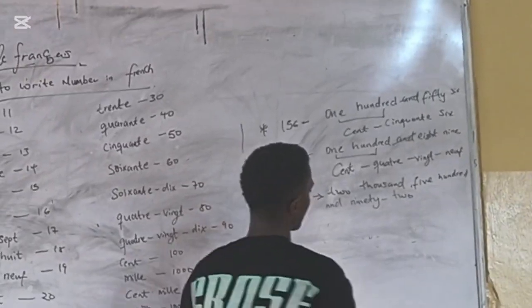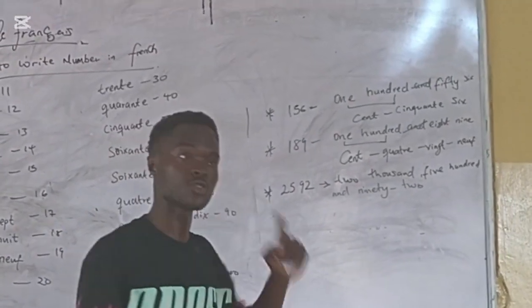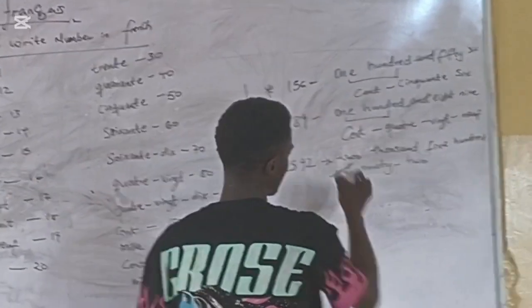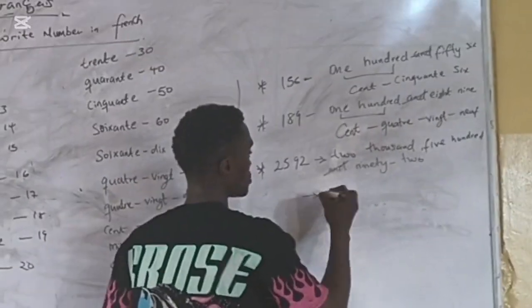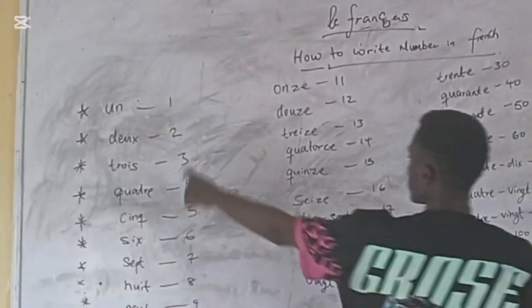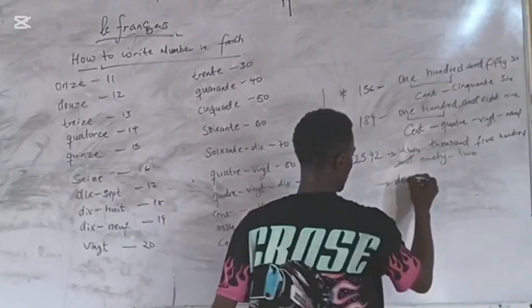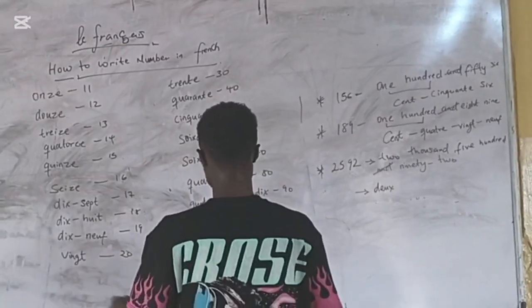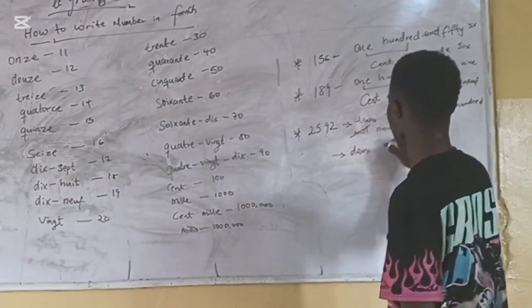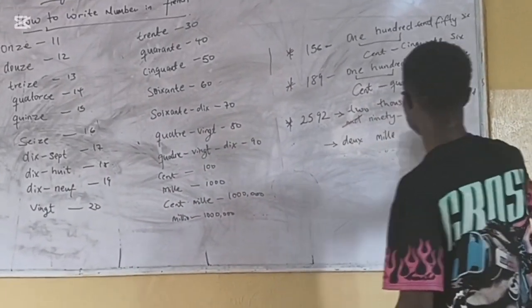Remember first, I said that you are going to neglect the and. So when you neglect the and, the remaining, then you translate it. So you know 2. 2 is what? 2 is good. So write 2, that's good. The thousand, what is thousand? When you're checking here, thousand is me. So you write me, that's that.